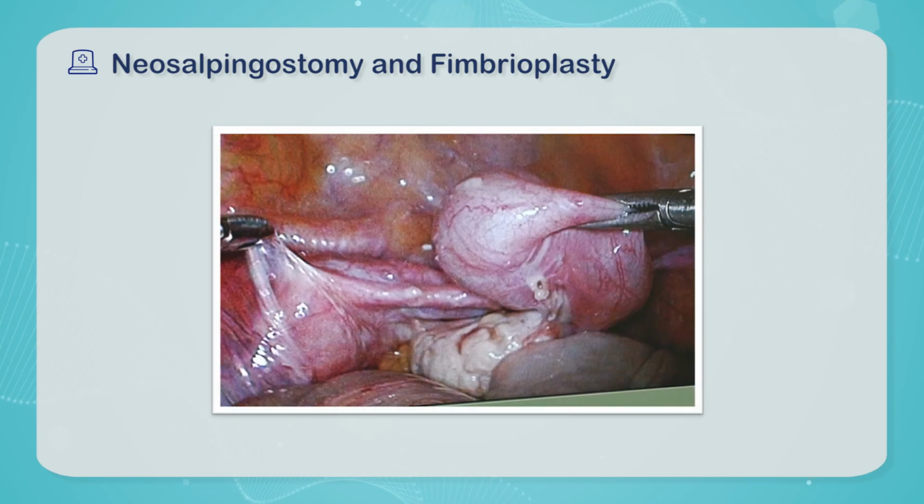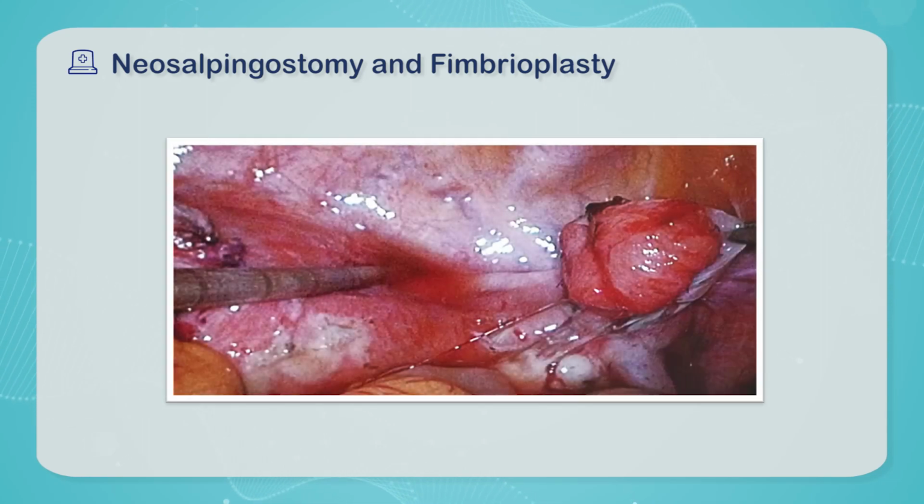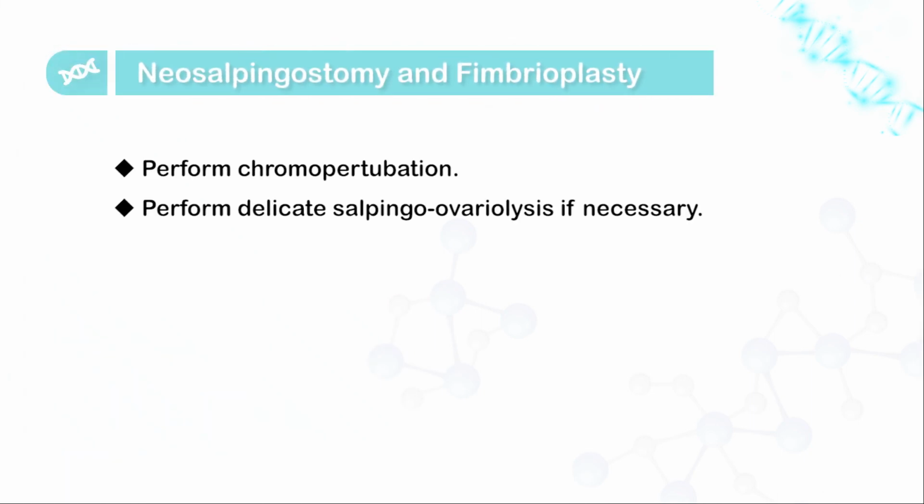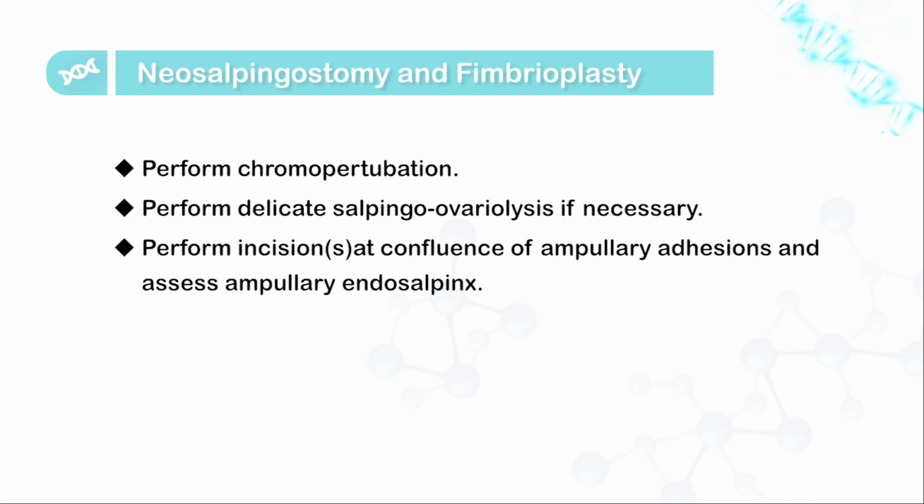These figures show the procedure of neosalpingostomy and fimbrioplasty to treat hydrosalpinx. The main procedure includes: perform delicate salpingo-ovariolysis if necessary, perform incisions at the confluence of ampullary adhesions, and access the ampullary endosalpinx.